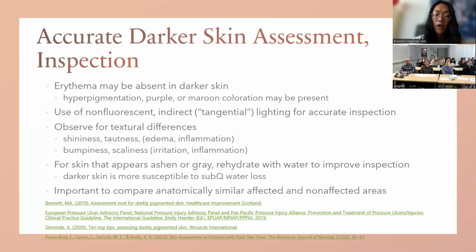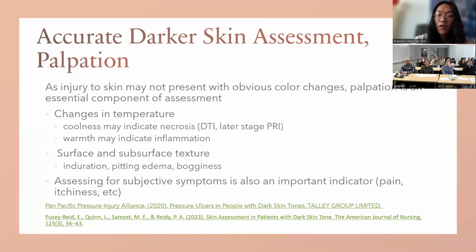Finally, it's important to compare anatomically similar areas. So if we were looking at something that's going on with the arm on the right side, we want to compare with a similar spot on the left side, etc. Since visual details may not be so obvious, it's even more important to palpate skin for folks who have more pigment or melanin.